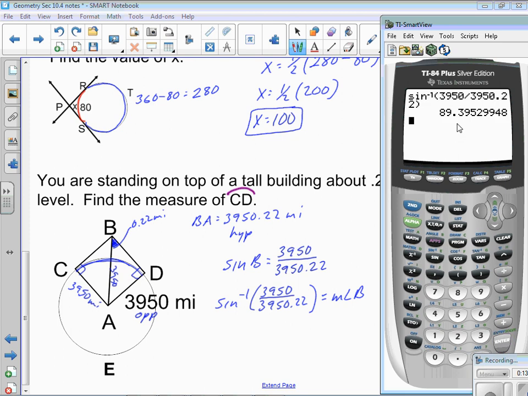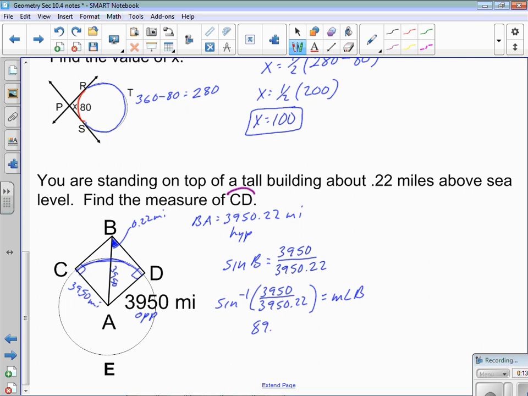It's going to give us 89.395 degrees. So that's just this angle right here, which is actually ABD. We want to know the entire angle CBD, which is just going to double that, because those two triangles are exactly the same.